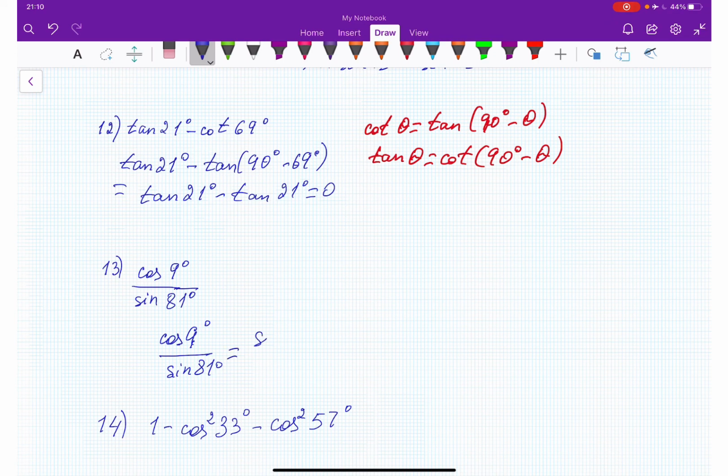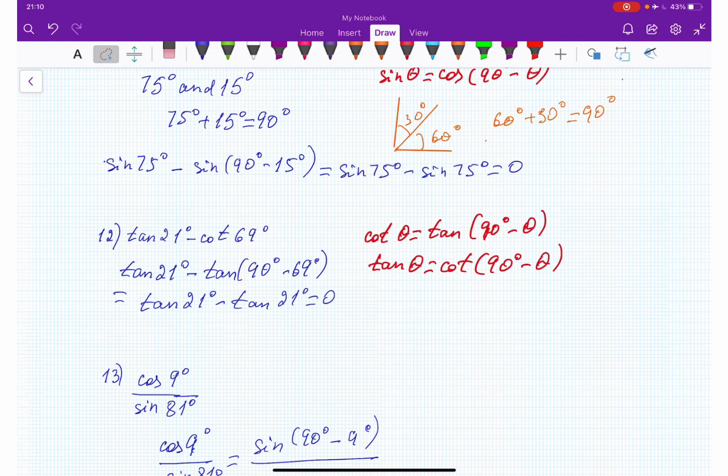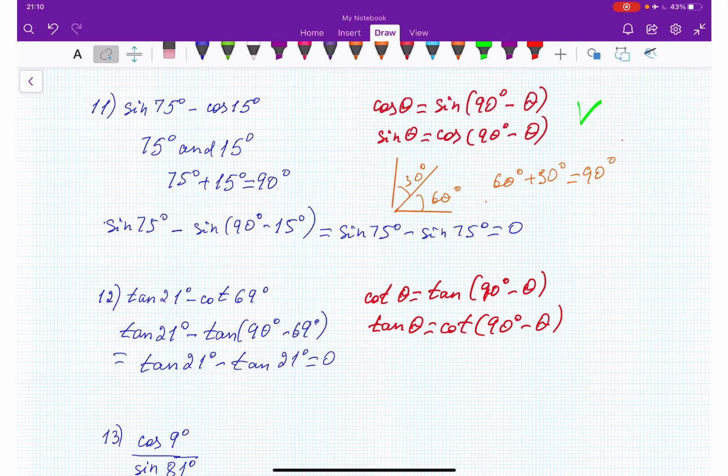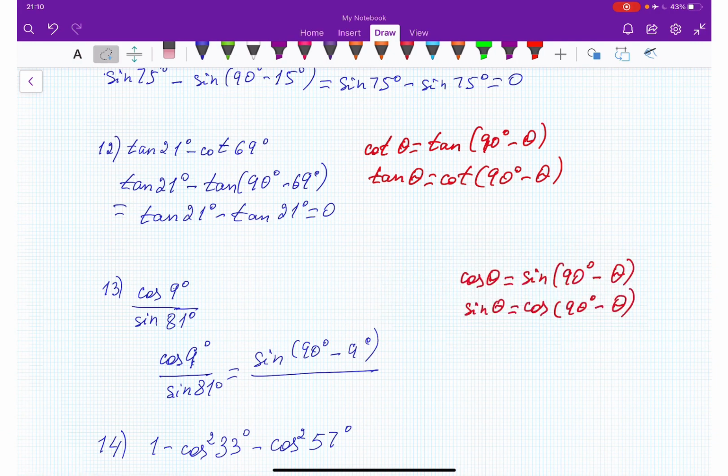Cosine 9 is equal to sine of 90 degrees minus 9 degrees, which is sine 81 degrees.